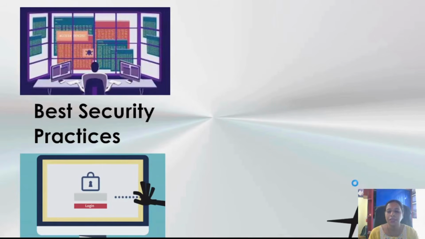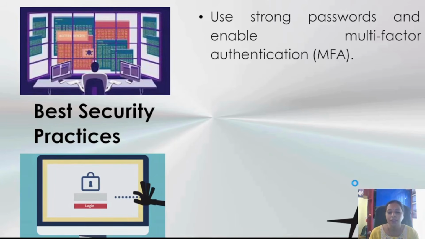Now let's discuss some best security practices. Technology alone isn't enough. Human awareness is very critical.